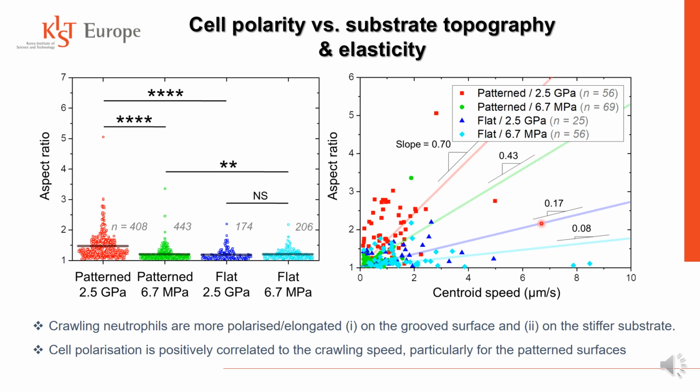Next, in this graph, if the aspect ratio is plotted as a function of centroid speed, it appears that the cell polarization is positively correlated to the crawling speed, particularly for the patterned surfaces. More specifically, the correlation between polarization and speed is stronger in the order of stiff patterned, soft patterned, stiff flat, and soft flat substrates.